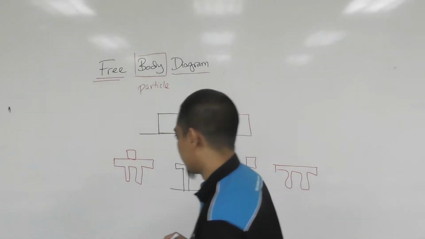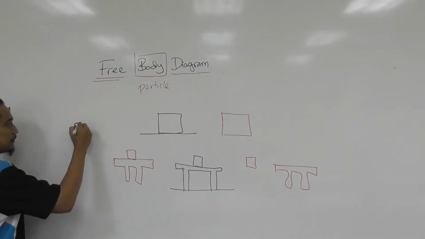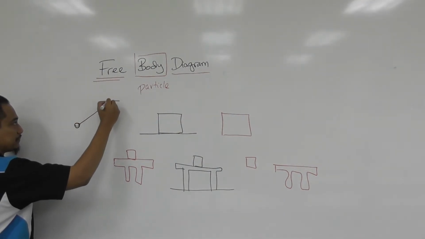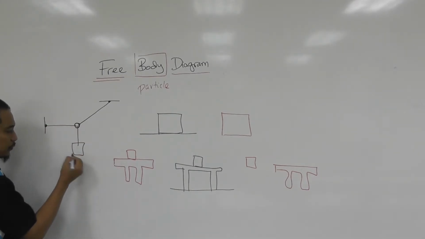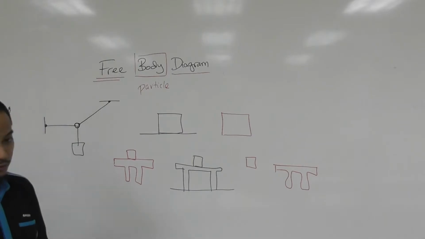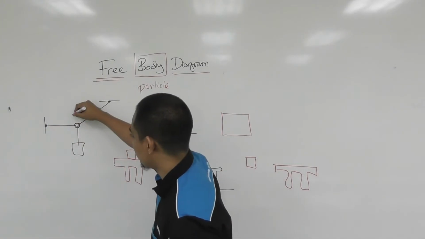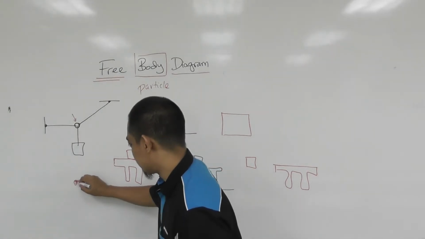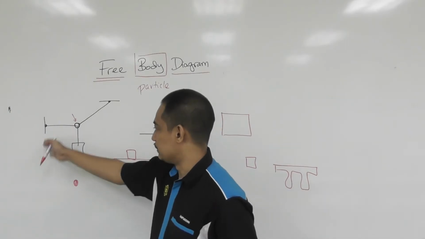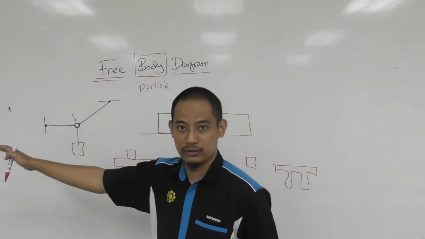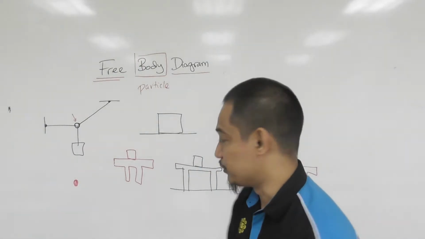A particle, meaning that, for example, if I have something here, and there's a cable there, and a weight there. In this chapter, our body is still a particle, so this is the body. The body will be just that, without any cable, without any box, without any ceiling or wall, etc. That is what it means by free body diagram.